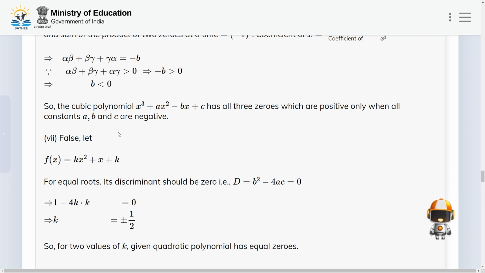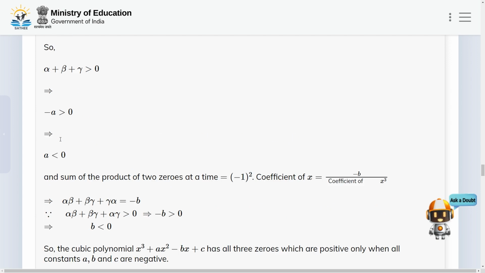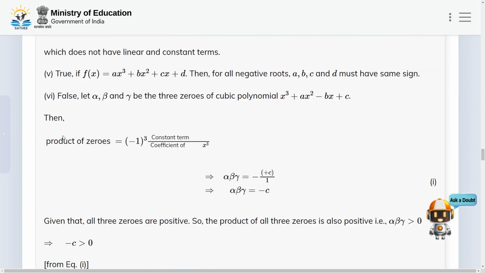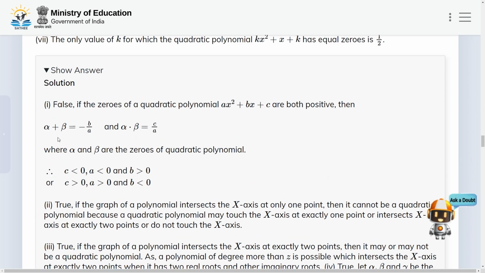So the cubic polynomial x cube plus ax square minus bx plus c has all three zeros positive only when all constants a, b and c are negative. Okay, so the given statement in 6 is actually a false statement.